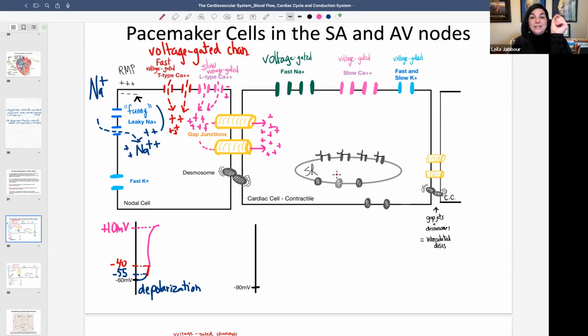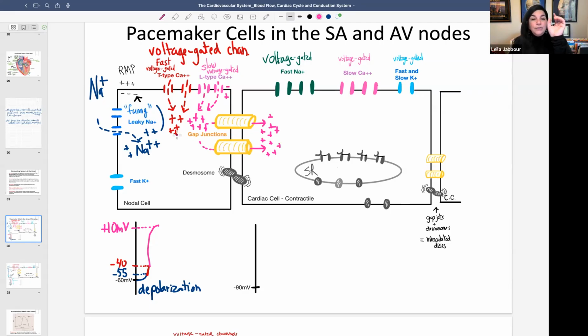They're setting the pace, and the cardiac cells are going to continue that. They're going to get excited and they're going to excite their neighboring cells. So the signal is going to propagate via the cardiac cells as well. Remember, the intercalated disc has both desmosomes, which are your spot welds between cells, and the actual tunnels, the gap junctions, allowing the passage of ions from one cell to the other.